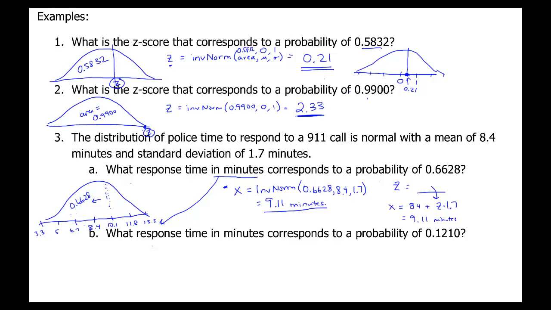So the last one, what response time in minutes corresponds to a probability of 0.1210? Again, let's draw a picture. 0.1210 is not going to be very big. That'll be this area over here. And we want a value of x that goes with that. So this area is 0.1210.